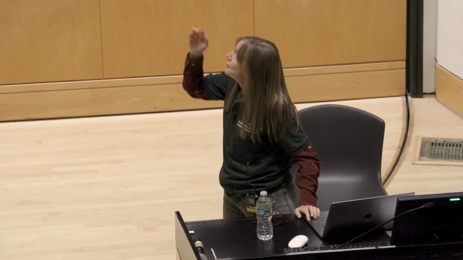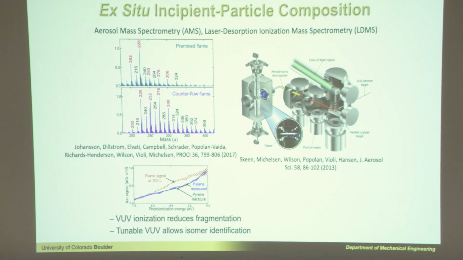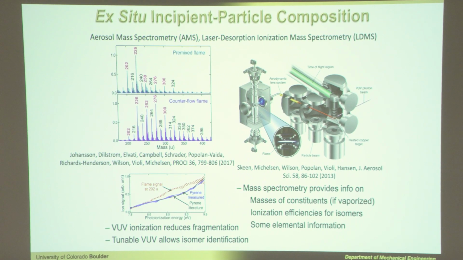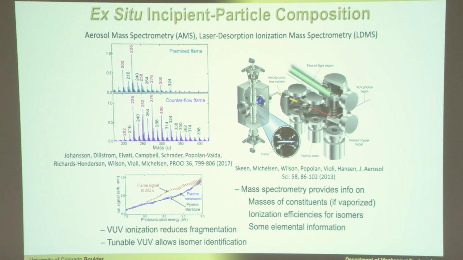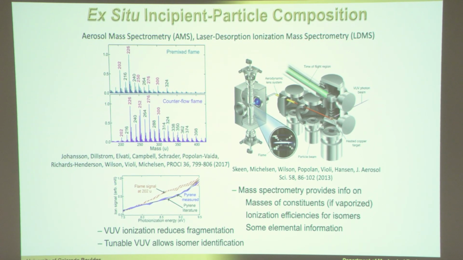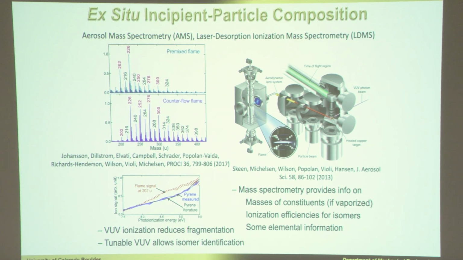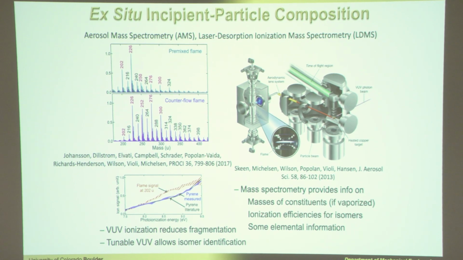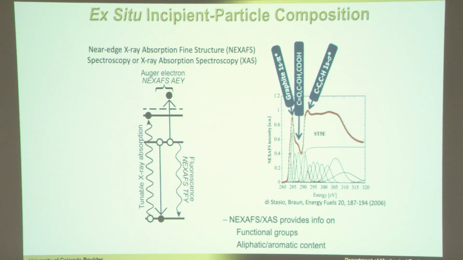Then we can tune the photon energy and get our photoionization efficiency. So this provides information about species that are on the surface that are vaporized, or species that are part of the particle that you can vaporize just by heating on the plate under vacuum.